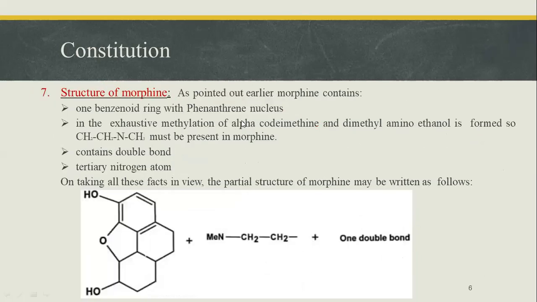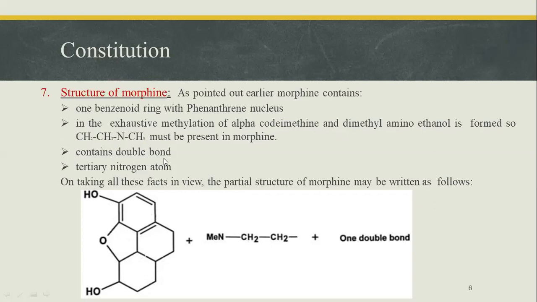So we allow it to undergo further reactions. Till now, we have found out that there is one benzenoid ring with phenanthrene nucleus, and in exhaustive methylation followed by alpha codimethine, it was observed that there is a nitrogen carrying the methyl group and 2 more carbons are attached to the nitrogen on the other side.